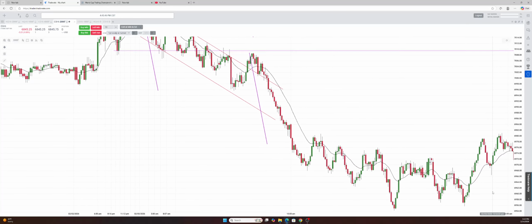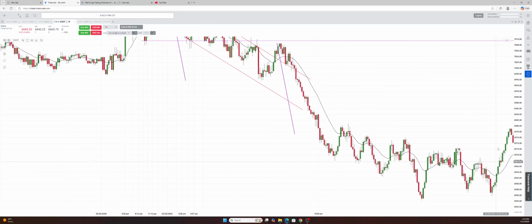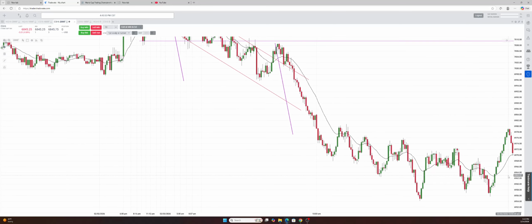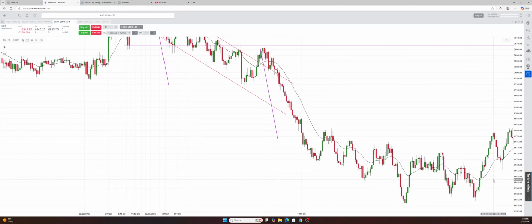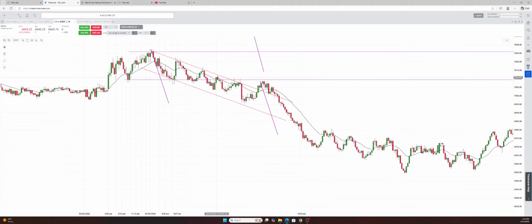Let's see. Okay, so now remember our market structure. Once we have a trend that breaks and makes a new high, we have to be concerned it may want to flip around again and go the other way, especially because of my overall bias for the day, how bearish my bias is so far for today. So I don't want to get caught buying again, thinking, oh, this is going up now.